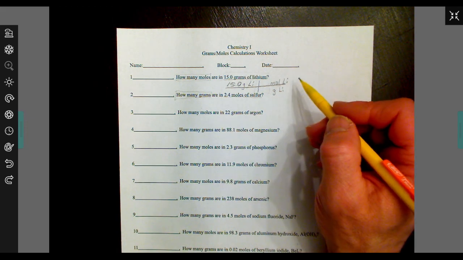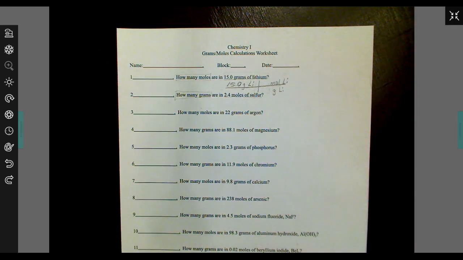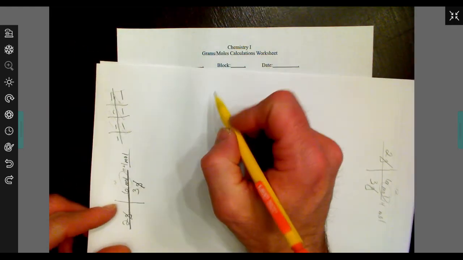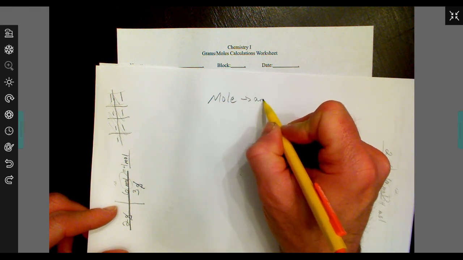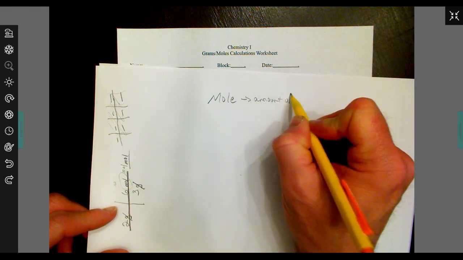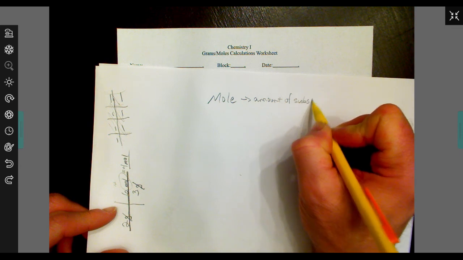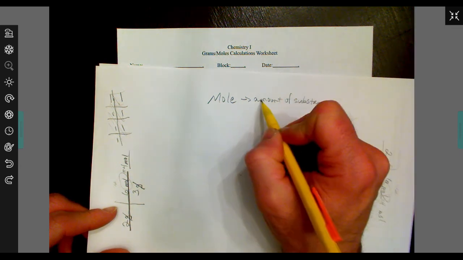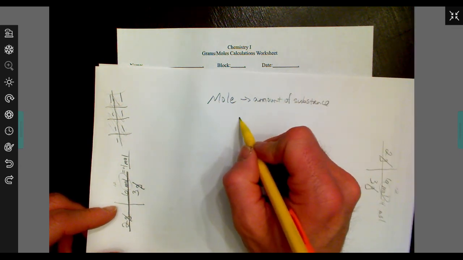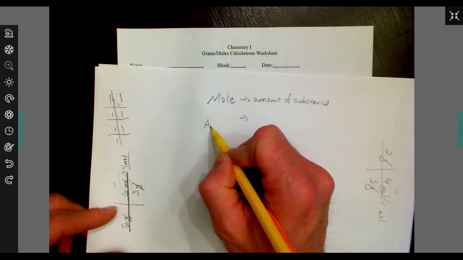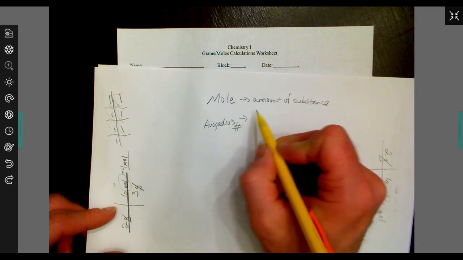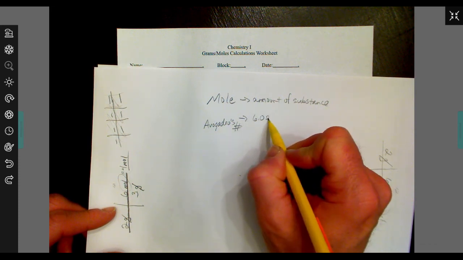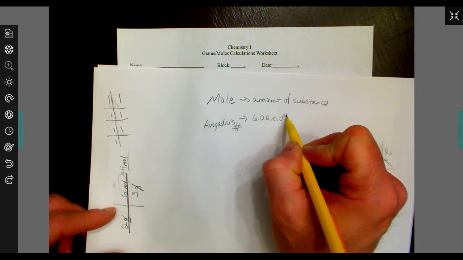Now, if you remember, mole is just an amount of substance, or specifically Avogadro's number, which is 6.02 times 10 to the 23rd.